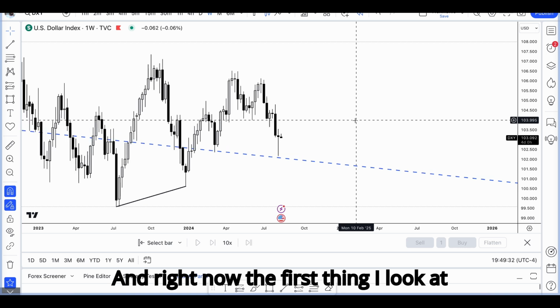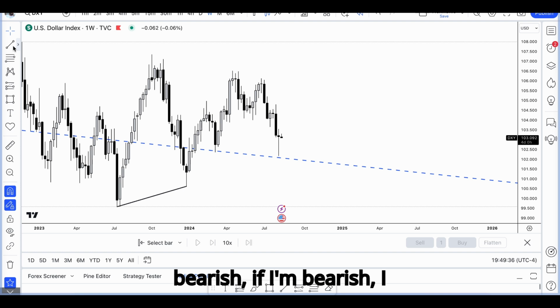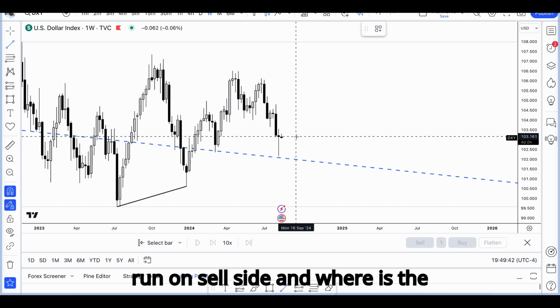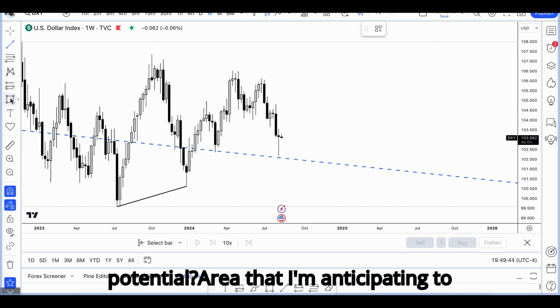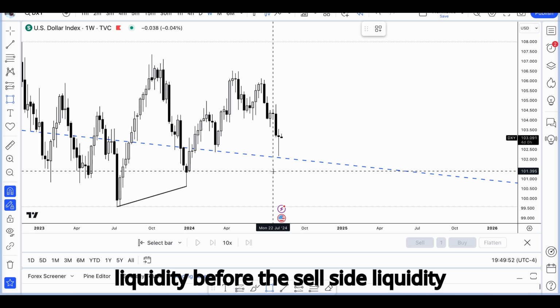And right now, the first thing I look at is, if I'm bearish, I want to see a run on buy side before a run on sell side. What could potentially draw price to the buy side liquidity before the sell side liquidity?